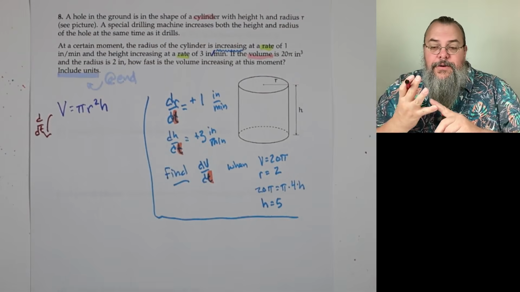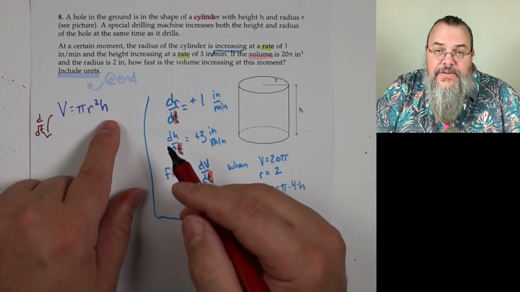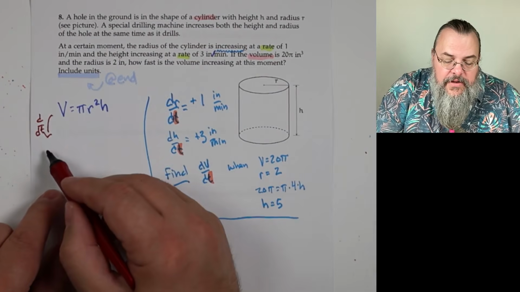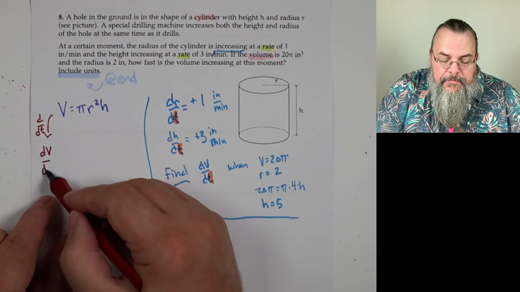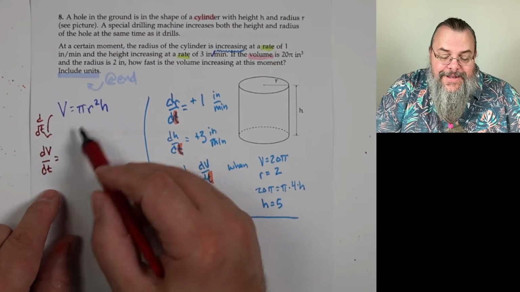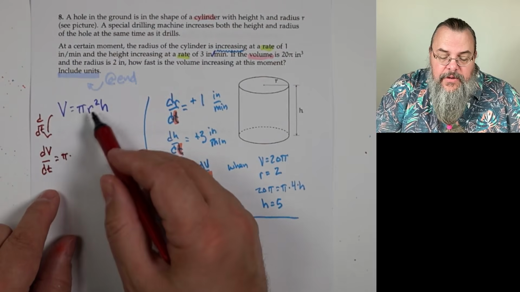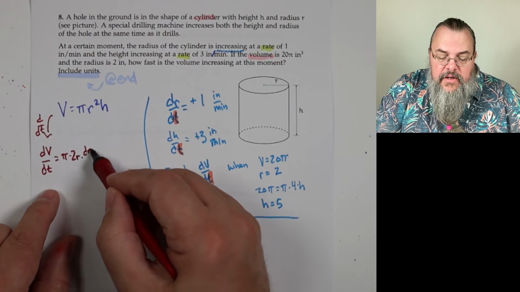Now, volume, radius, and height are all changing. So those are all functions of t. So when we take our derivative, well, the derivative of volume with respect to time is dv dt. So equals product rule. So derivative of the first, well, derivative of r squared, 2r times dr dt.